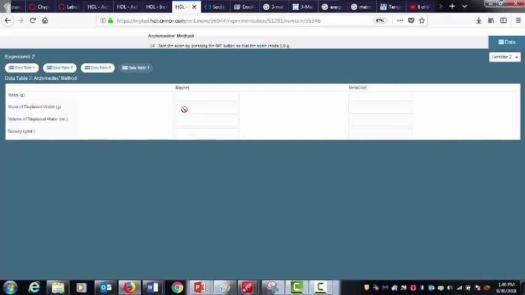So the new mass of the water after the magnet or the bolt was placed in it is going to be the mass of the displaced water once you subtract the original mass of the magnet and the metal bolt. And then you'll calculate the density by taking the original mass divided by the volume of displaced water.